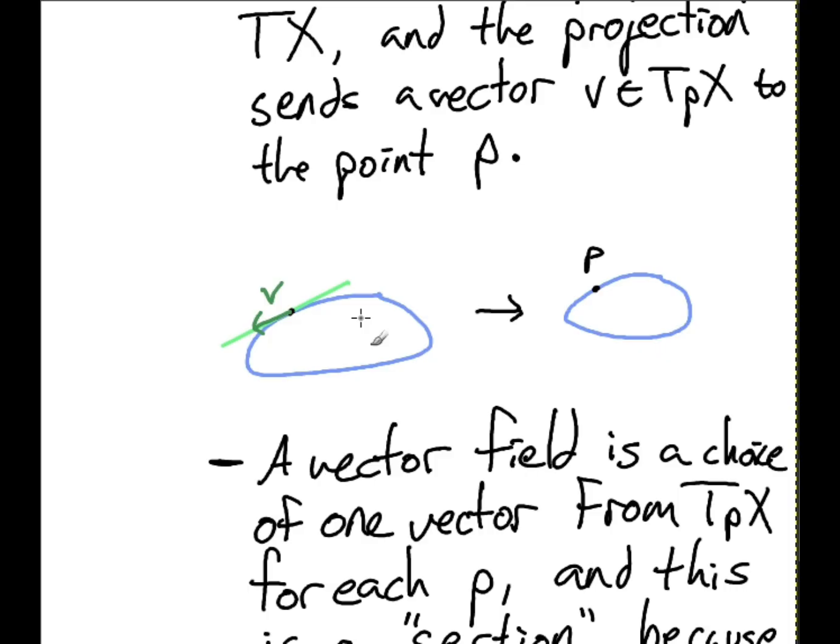And so this makes this mapping a section. This association of each point in the manifold to a vector in its tangent space, that vector field that we're generating, is a topological section. Sections can be more general than this, but in the vector bundle setting, it's easier to visualize, although you can have a section of different kinds of algebraic objects as well.